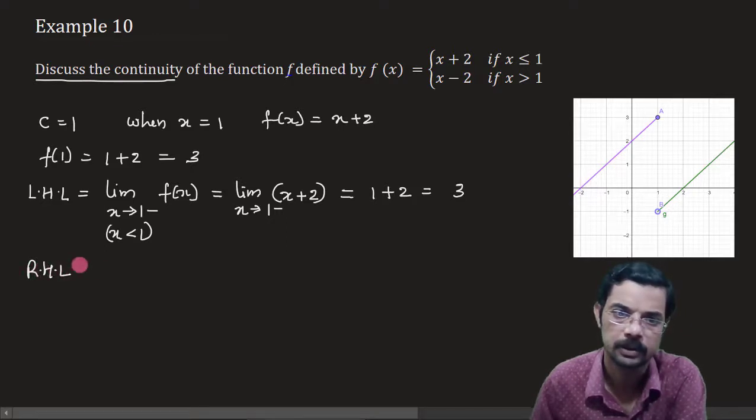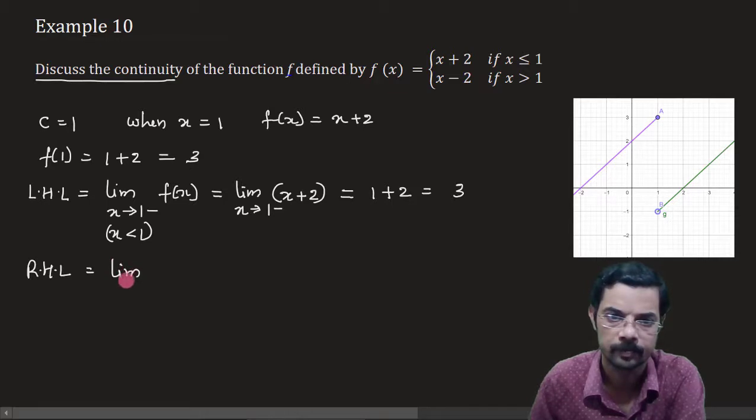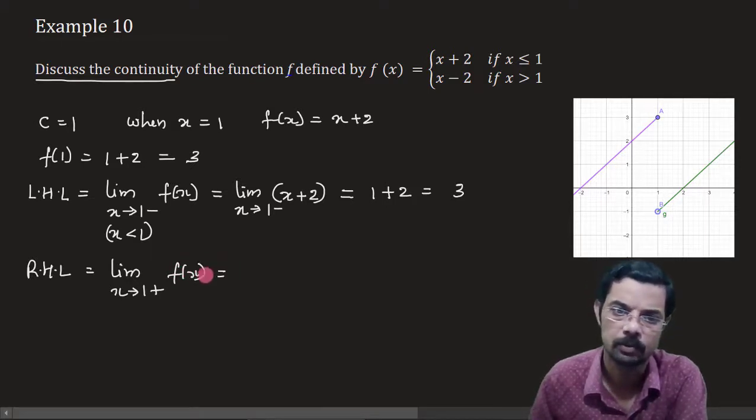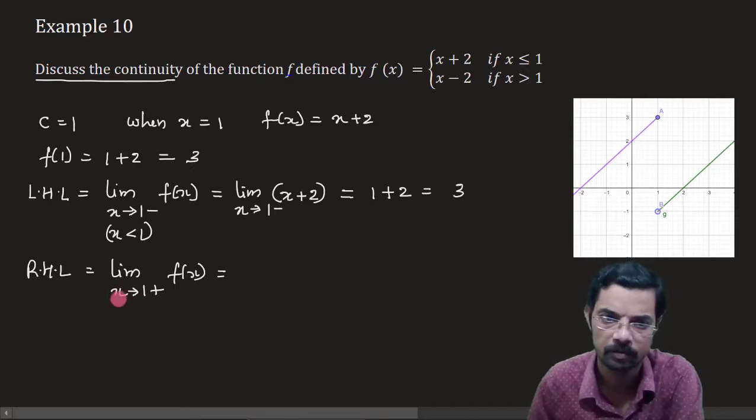Now we will find the right hand limit for the function f of x at x equal to 1. Limit x tends to 1 from the right of f of x. Here x is tending to 1 from the right, therefore x is greater than 1. This is to be understood.